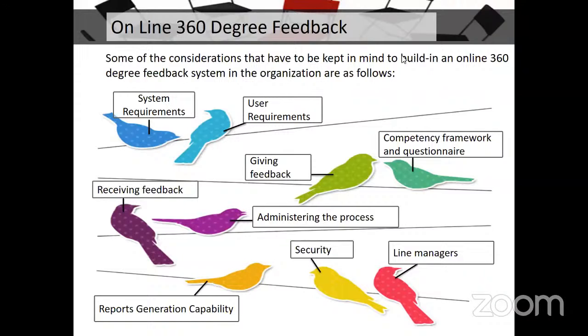If they have invested in the system and you don't have reports, then how do you give feedback? So you have to ensure that it has the reports at the point of defining the system requirements. One of the critical requirements should be the generation of reports.